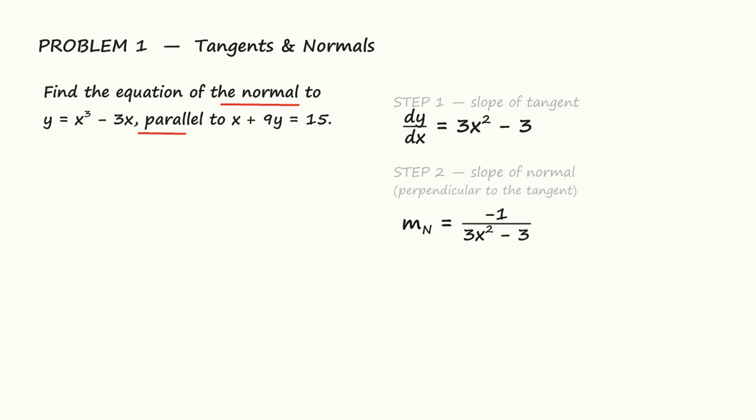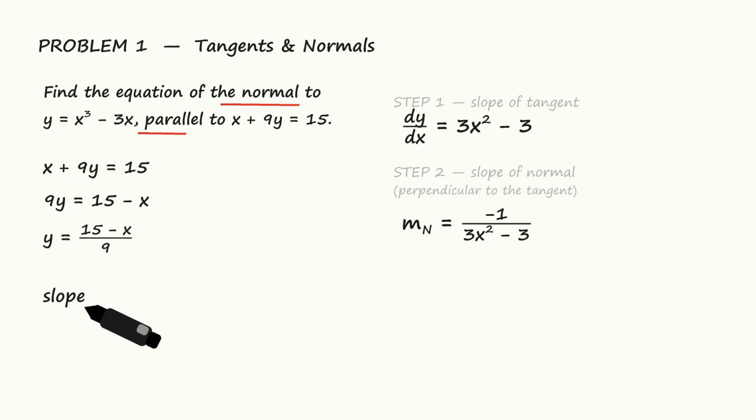Step 3. Handle the given line. x plus 9y equals 15, rearranges to y equals 15 minus x, all over 9. Its slope is minus 1/9. Our normal is parallel to it, so our normal's slope is minus 1/9.